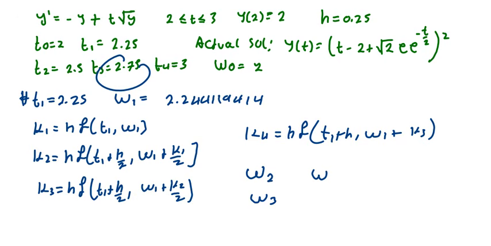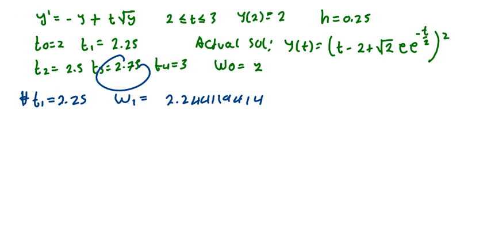Why am I talking about 4 steps? Because if you look at what you have right here, let me just erase this part. Remember your n tells you the number of steps. Okay, so your b minus a divided by h. What is your b? Your b is a 3 minus a, which is a 2, divided by your h, which is 0.25. This tells you that you are going to have a 4.